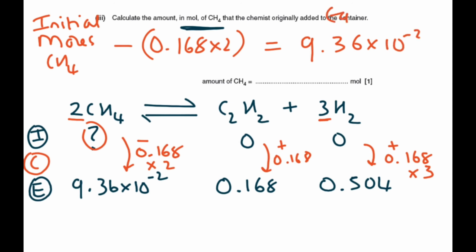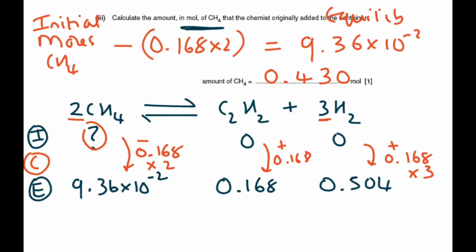That's the equilibrium moles. And you rearrange that equation, and your answer, we should use 3 significant figures again, because that's what they've used in the question, 0.430, okay, is your answer.